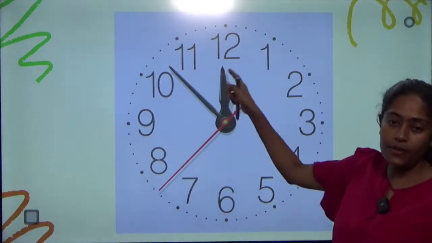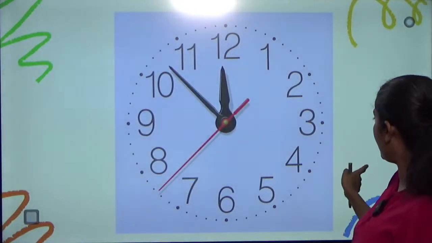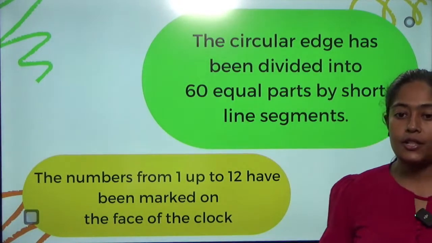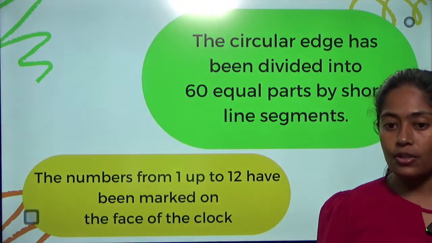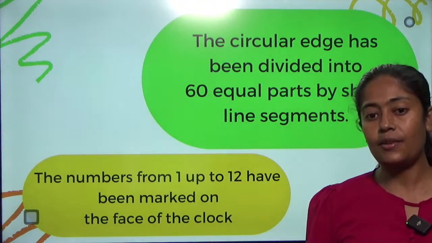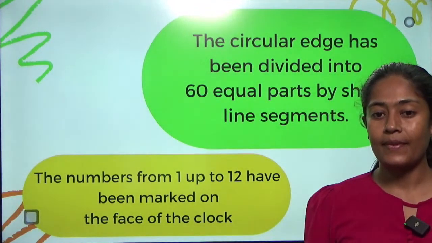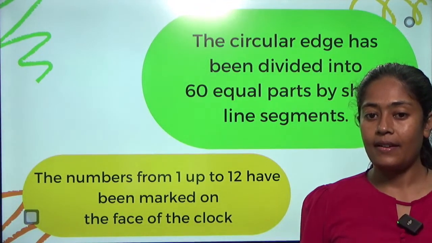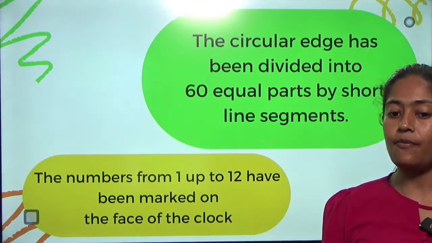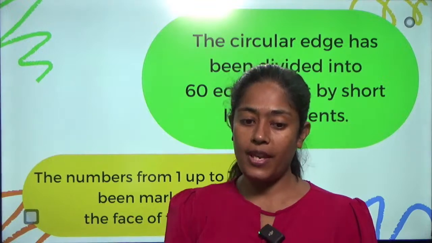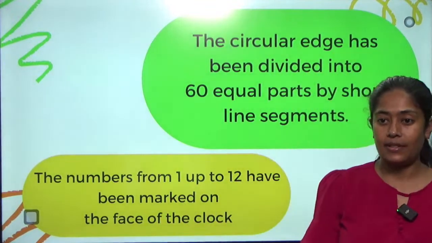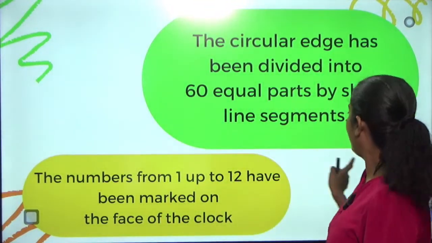Then 12 into 5, 60. The circular edge has been divided into 60 equal parts by short line segments. Is that okay? The numbers from 1 up to 12 have been marked on the face of the clock. You know that, no?